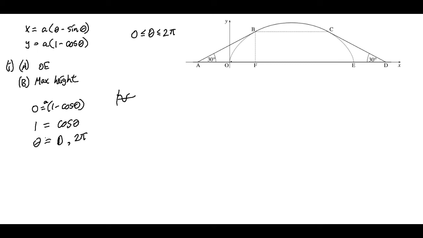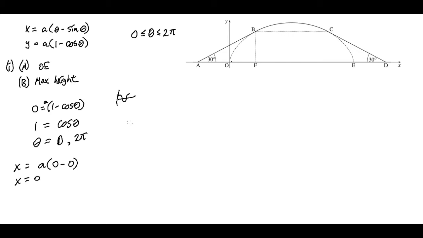Let's find out. If theta is 0, then x will be a times 0 minus sine 0, which is 0, that is 0, 0, which corresponds to the origin. So instead of that point, we take 2 pi as our other valid answer.